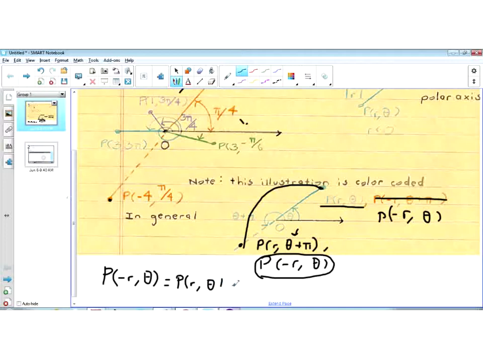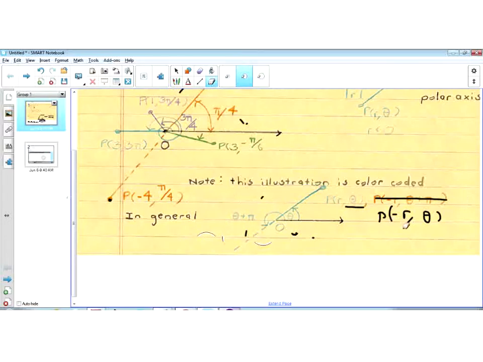These two points are identical points, so you can interchange back and forth.